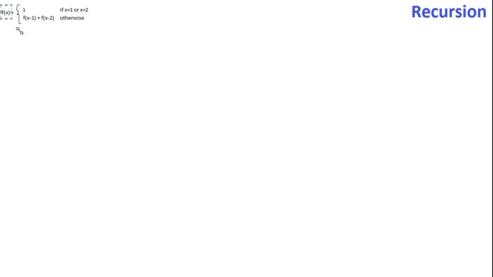Okay. Sorry about that. So we have our function f of x equals, and then it's sort of like a piecewise function. So you have these two conditions. If x equals 1 or x equals 2, the function will give out a simple number 1.